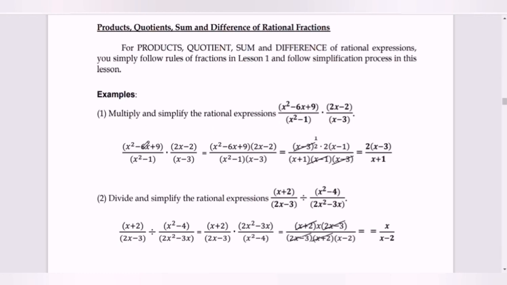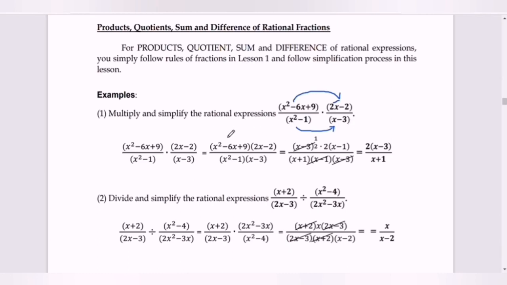The basic rule in multiplication like this is to multiply numerator to numerator, and then also denominator to denominator. So that is just the basic rule in multiplying the rational expression.